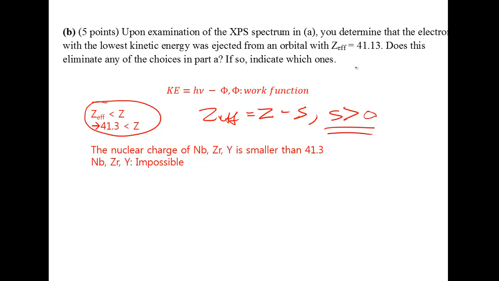So if you plug in Z effective into this inequality, you know that Z should be greater than 41.3. Since niobium, zirconium, and yttrium have a Z that is smaller than 41.3, we know that these 3 atoms cannot be the unknown atom.